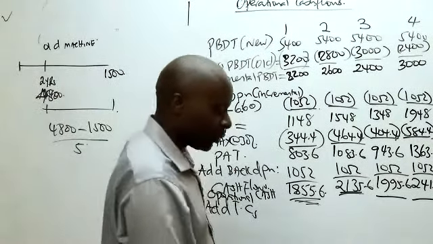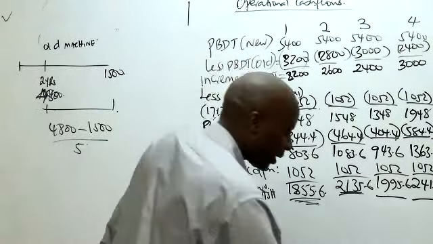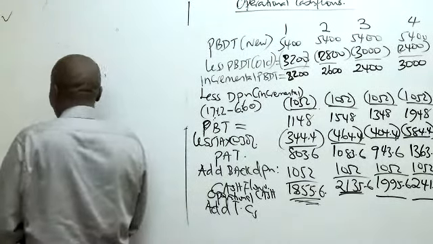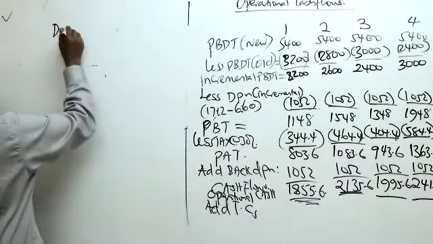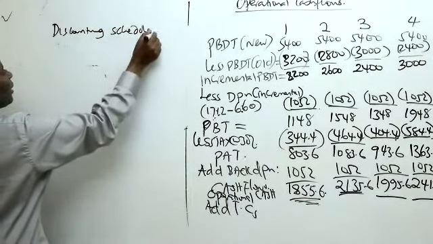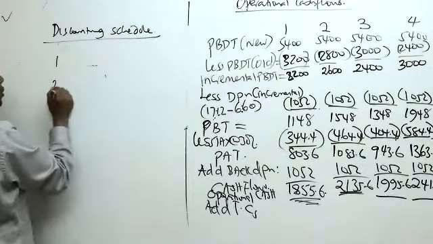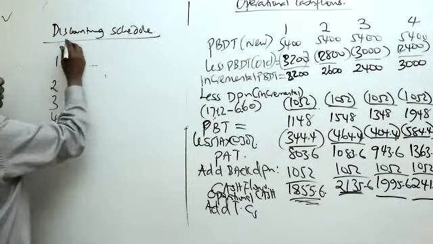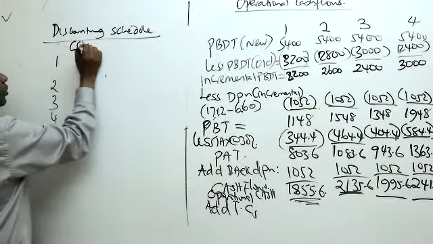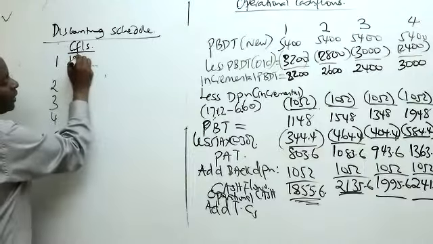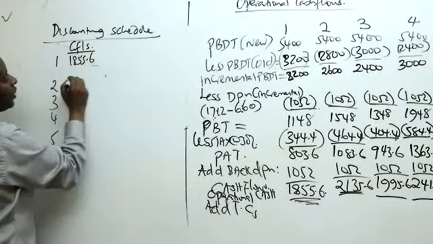Okay, so the discounting schedule is quite easy. Now we have year 1, year 2, year 3, year 4, year 5. Ladies and gentlemen, we have our cash flows, which we'll need to discount. Cash flow for year 1 is 1855.6.